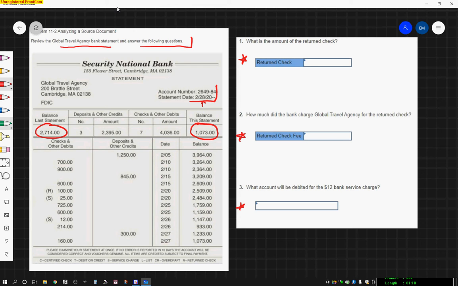A couple other things it's asking us is, if you're looking here on the columns, it says deposits and other credits. Well, we have three deposits. How many? Three. And where are they found? Go over here, deposits and other credits.